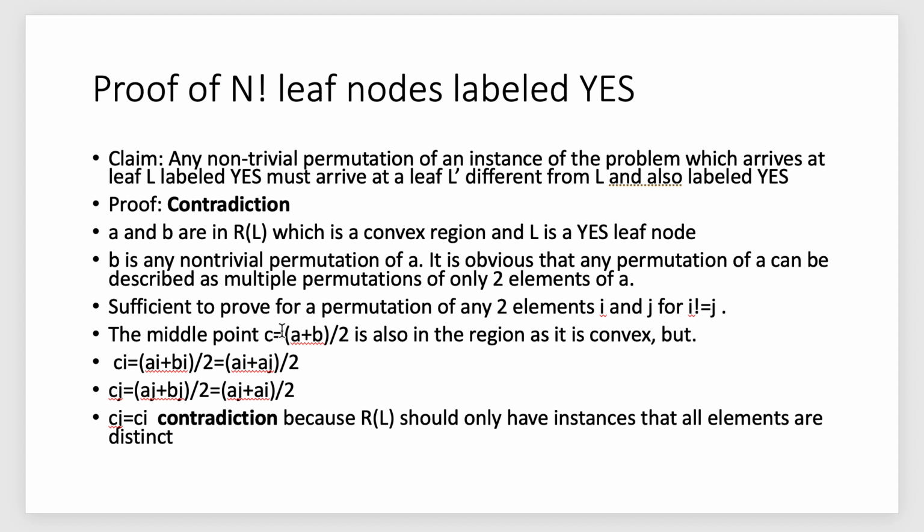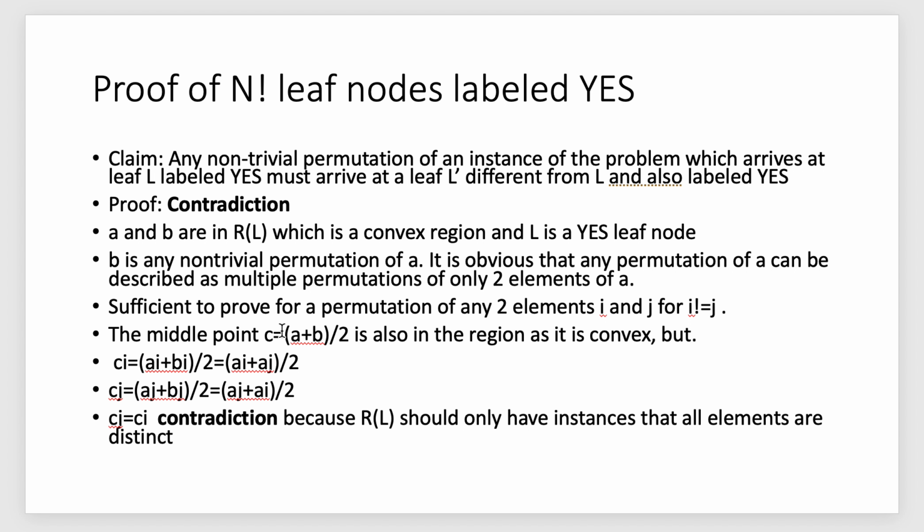So the coordinate Ci of the middle point is (Ai + Bi)/2, and that's equal to (Ai + Aj)/2, because Aj is equal to Bi, since I exchanged the two in the permutation.